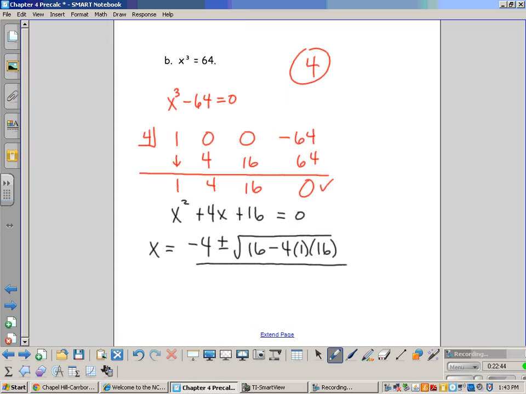You notice you're going to get a negative in the discriminant. Then we're going to simplify all of this. So you've got negative 4 plus or minus the square root, and that's going to give me 16 minus 64, which is negative 48.